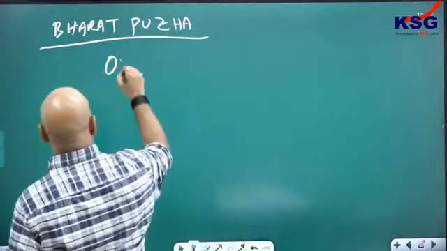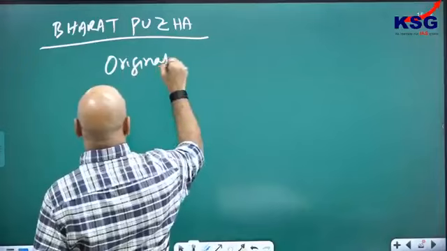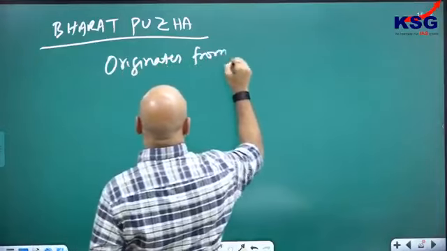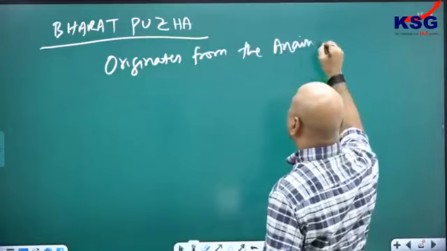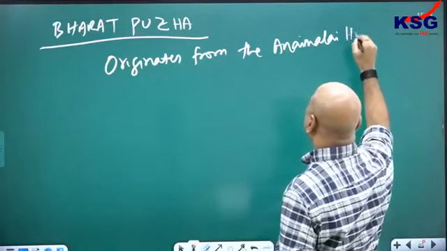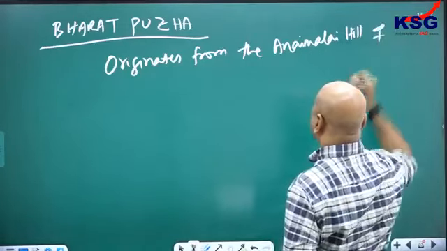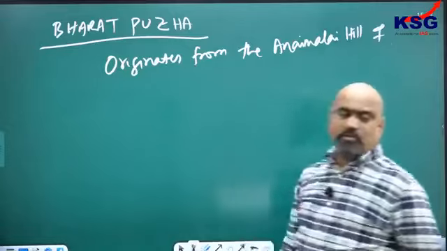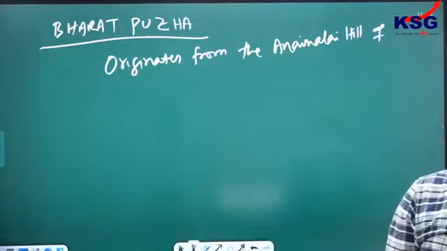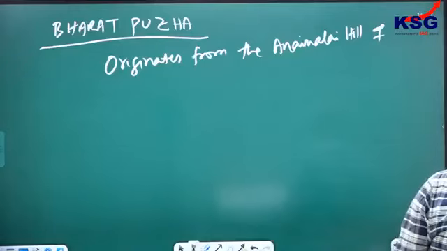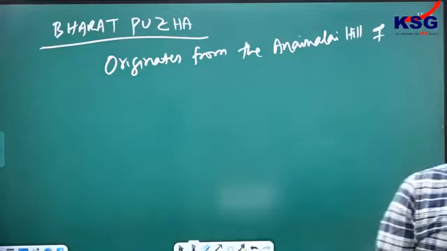Originates from the Anaimalai hill of Tamil Nadu and Kerala border here. You can see this river Bharatpuzha.